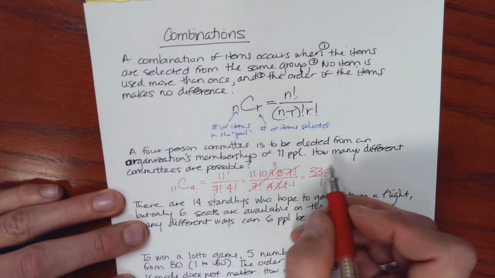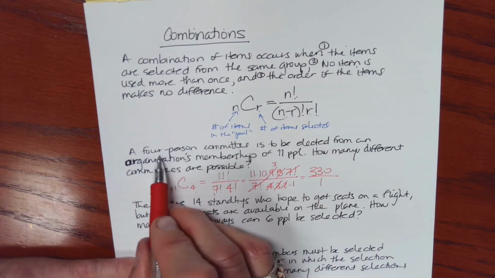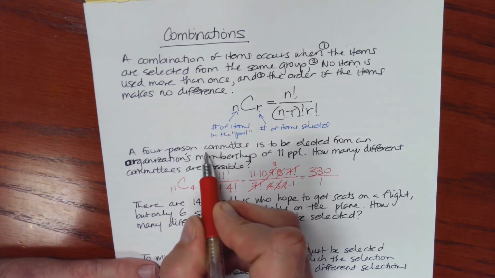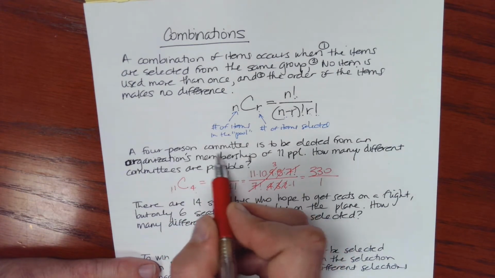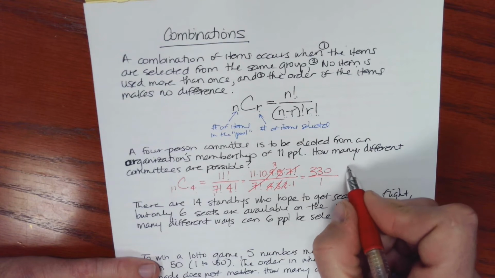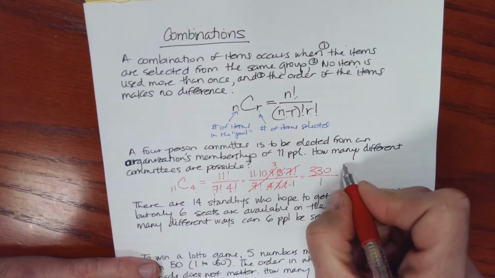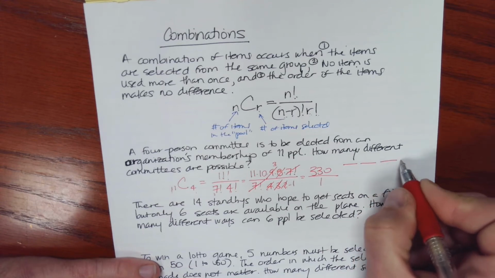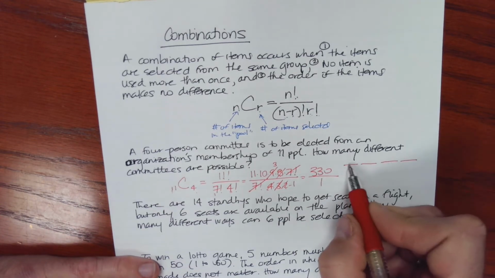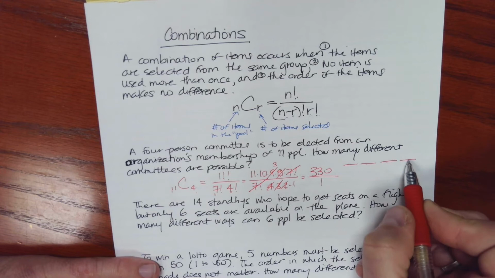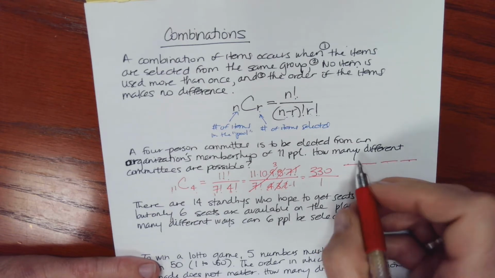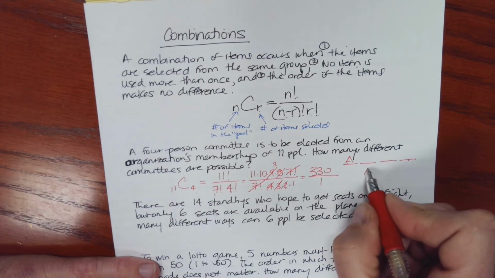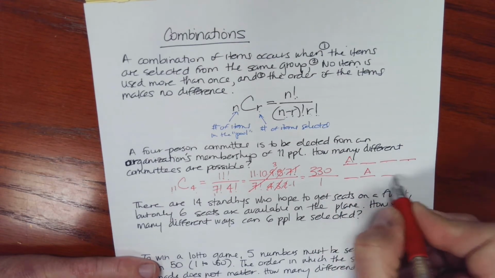Now, I want to point out, here I said a 4-person committee is to be elected. There's no distinction among, like within this committee, so that's why I'm saying order doesn't matter. If you were appointing people to offices like president, vice president, treasurer, and secretary, then the role of each person selected is different, and selecting person A as president is different than selecting person A as vice president.